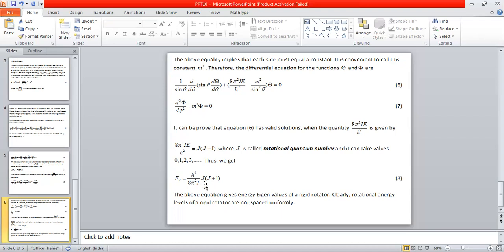In fact, as the value of J increases, the separation between the energy levels also increases. This can also be shown graphically using an energy level diagram, which I am not going to do here, but it is very clear from the form of equation 8.